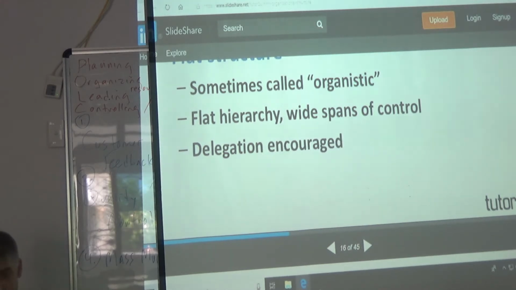Now, the higher skill the employee, the more decision-making power you would give them. Extreme example would be a doctor, right? You don't want the manager of the hospital. The manager of a hospital, their job is to basically promote the hospital, try to keep quality control, and to get customers. They don't tell the doctors what to do.